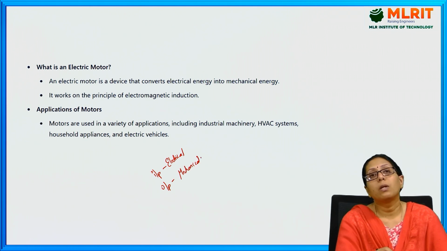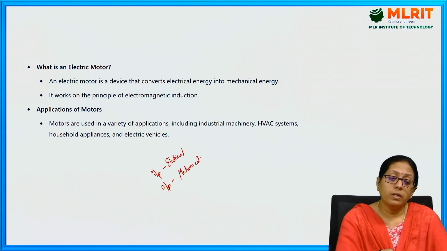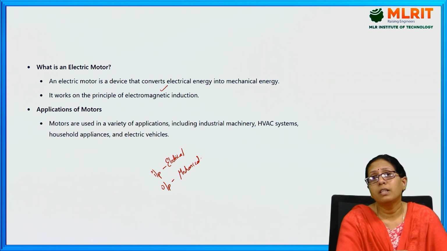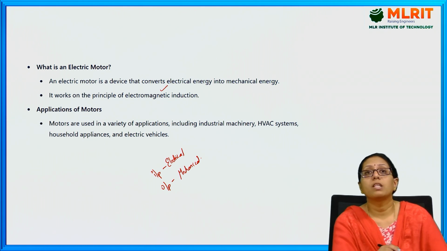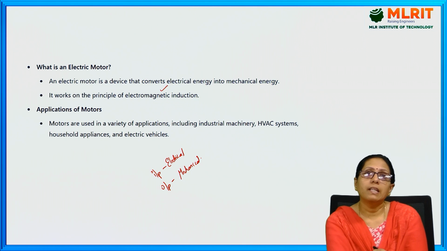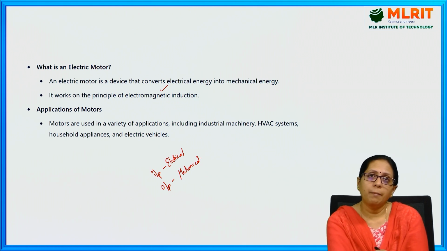So the motor converts electrical input to mechanical output. It works on the principle of Faraday's law of electromagnetic induction. So, by using Faraday's law of electromagnetic induction, it takes the supply, that is electrical input, and based on the supply, it converts that electrical energy to mechanical energy.